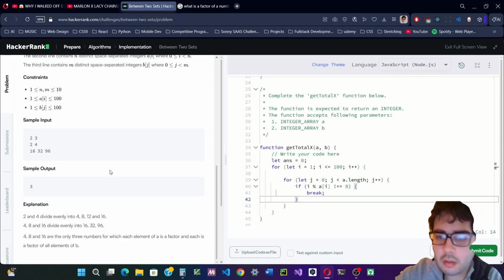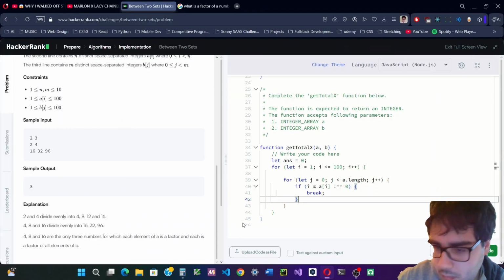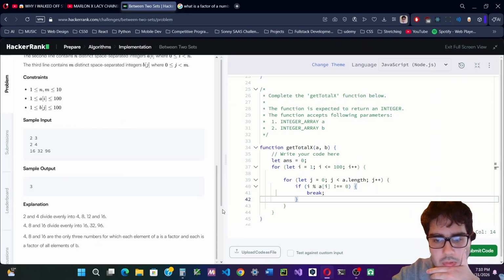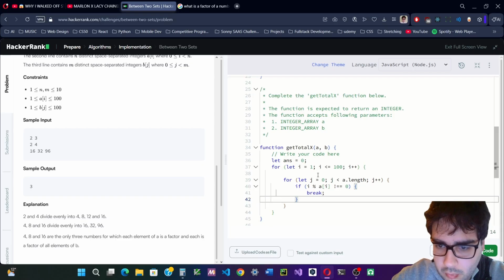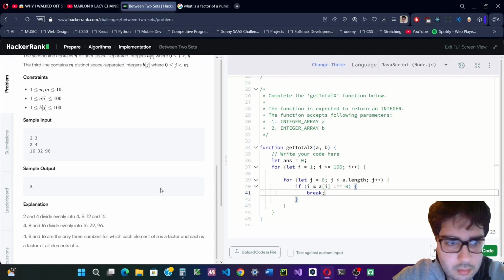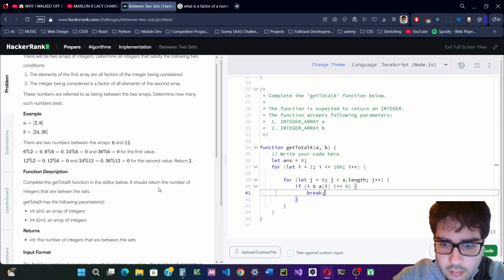Okay, a of i. So first we're gonna check. First it's gonna be 1. So a of i is not equal to 0, so it's gonna break.